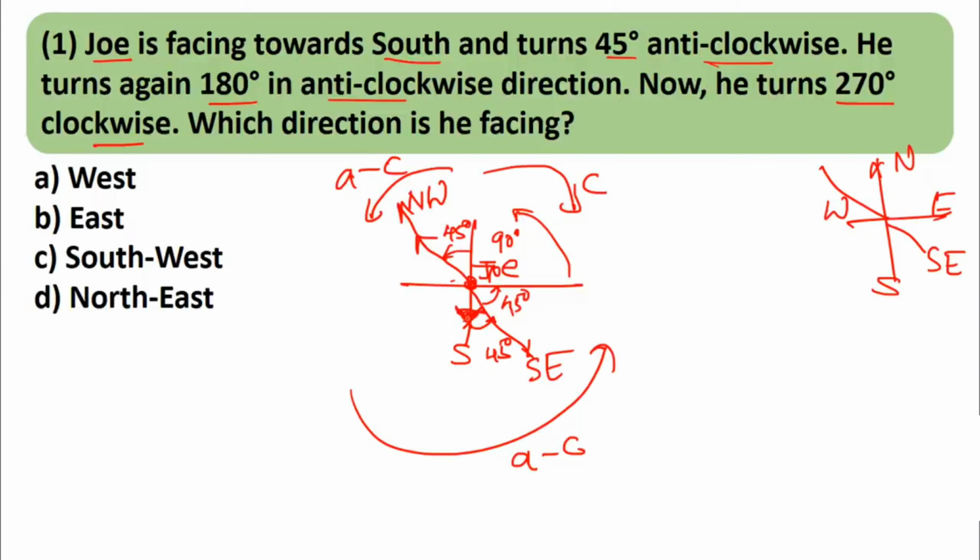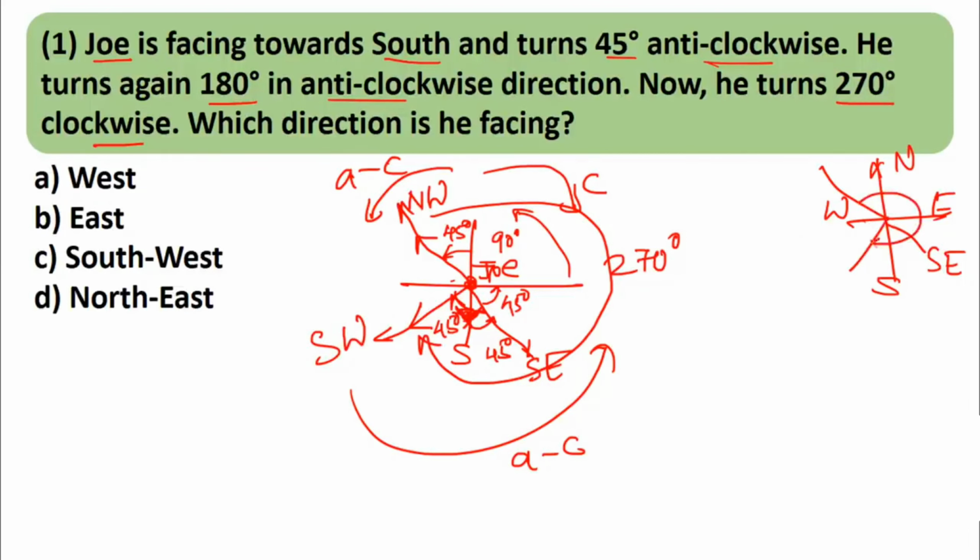This would be 225 and we want 270, so more 45 degrees. So Joe moved like this. This is nothing but 270 degrees. How 270 degrees? 45 plus 90, 135, 135 plus 90, 225 plus 45, 270 degrees. So Joe is now facing southwest.